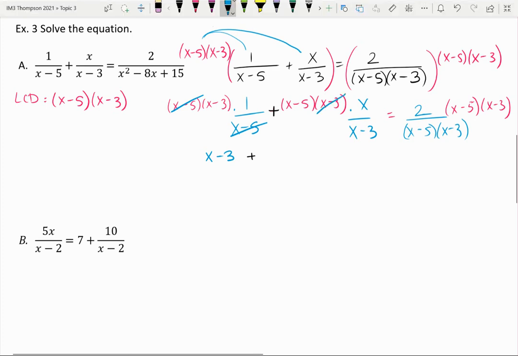In my second fraction, I have x minus 3, which cancels with x minus 3. So I'm left with x times x minus 5. And on the right-hand side of the equation, x minus 5 cancels and x minus 3 cancels and leaves me with a 2.